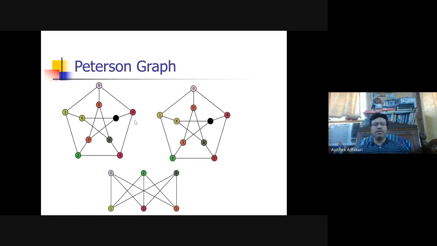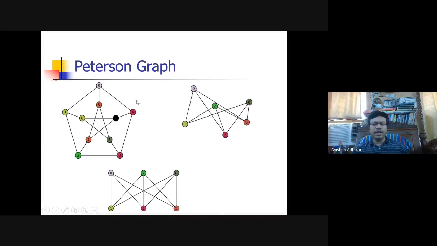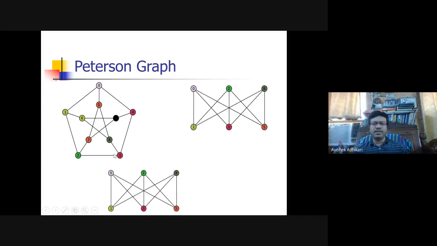For example, if you have a look at this, this is known as the Peterson graph. Just have a look at this animation. What I am doing is merging the vertices, and ultimately it will look like K33.